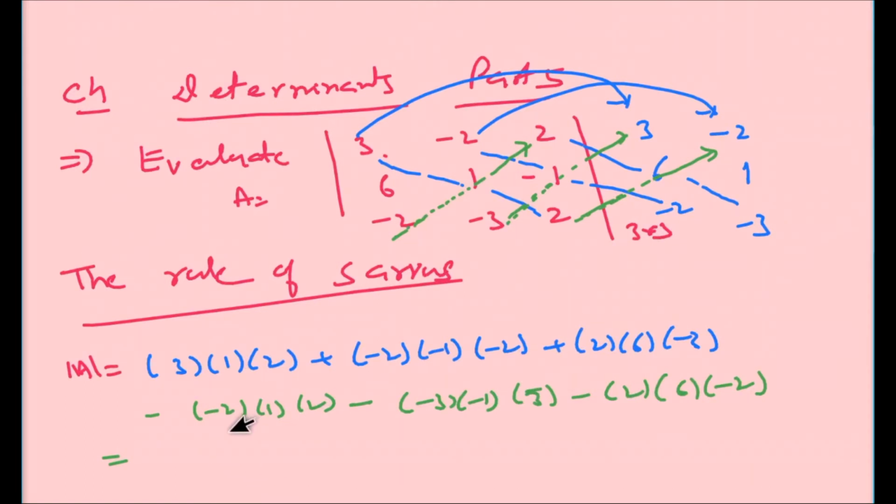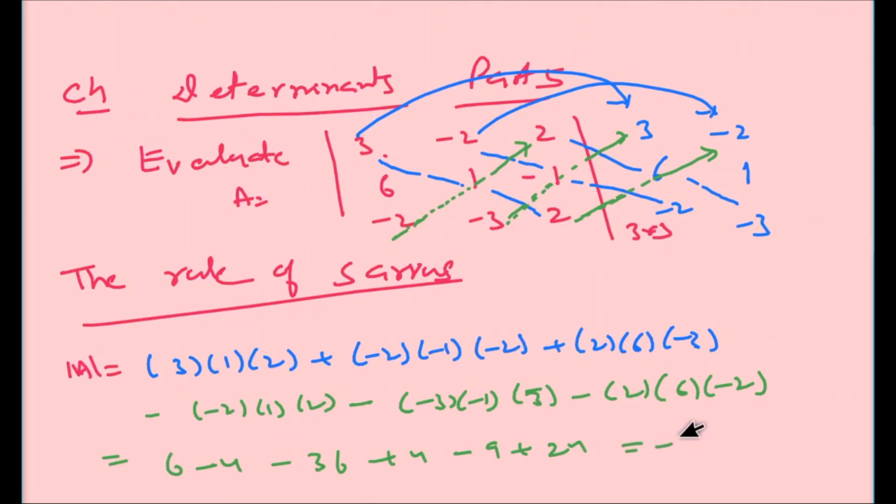Solving this, what we get is your answer: 3 into 1 into 6, and then plus minus 2 into 2, 4, minus 4, and then 2 into 6 into 3, minus 36, and then minus into minus is plus, 4, and minus 3 into 3, 9, and last is plus 6 into 2 into 2, 24.